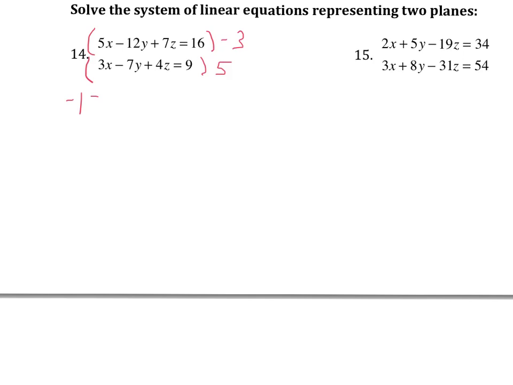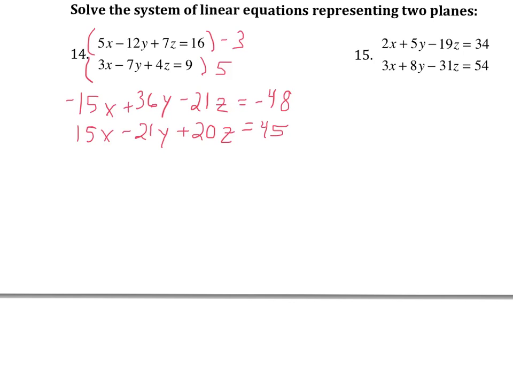So that'll give me negative 15x plus 36y minus 21z equals negative 48. And the bottom equation, I'll get a positive 15x minus 21y plus 20z equals 45.